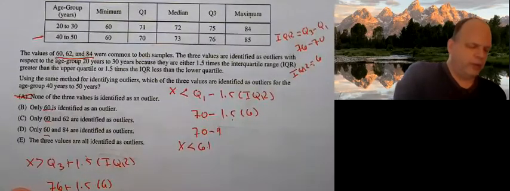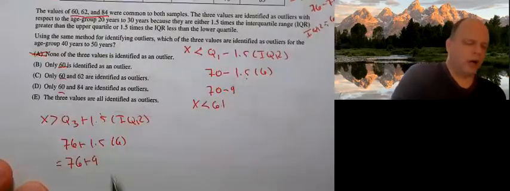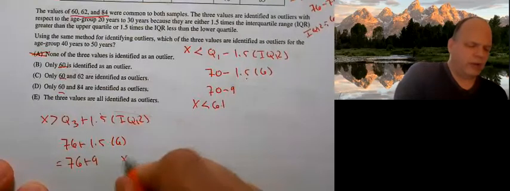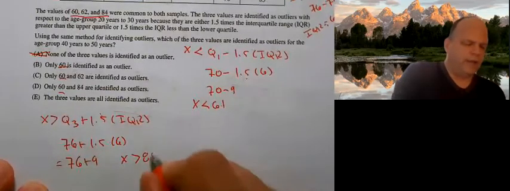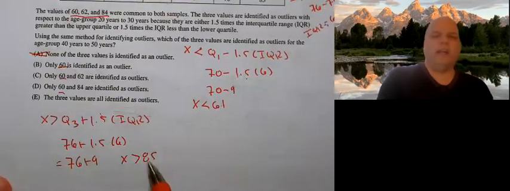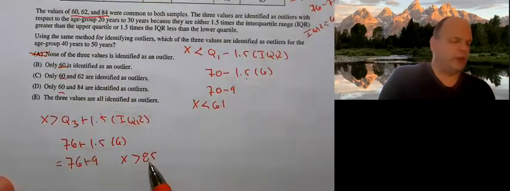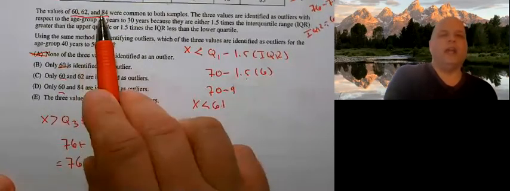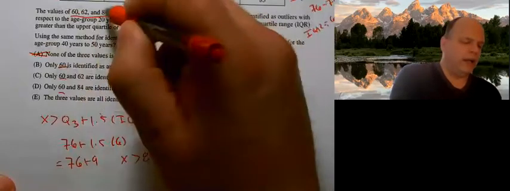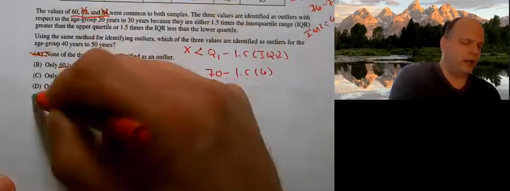So 76 plus 9. So in this case, we have to have an X greater than 85. If we have an 85, it's not an outlier. So it turns out our highest value is 84. It's not an outlier. We already know 62 is not an outlier.